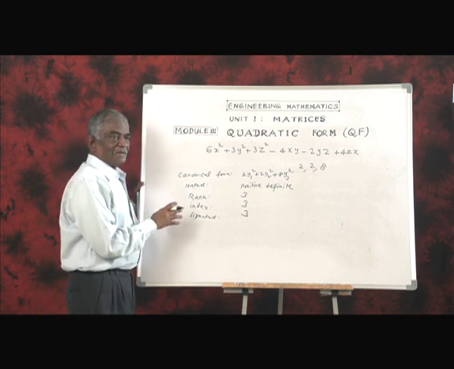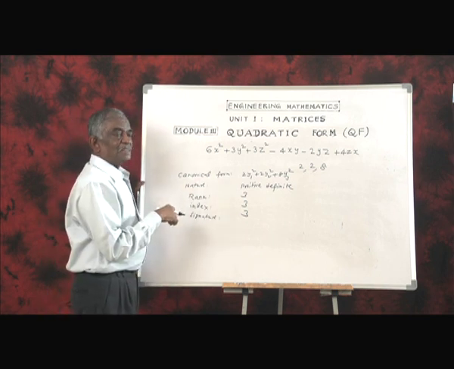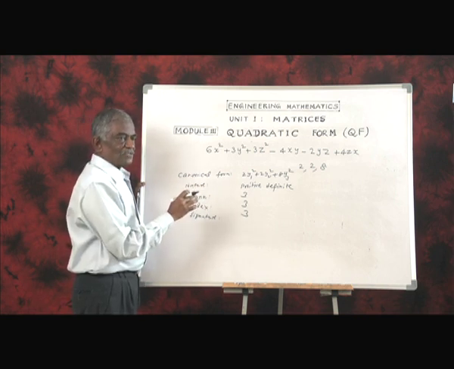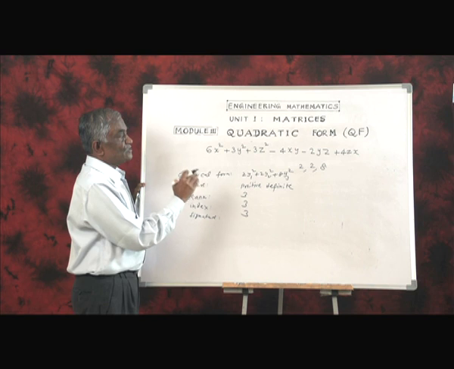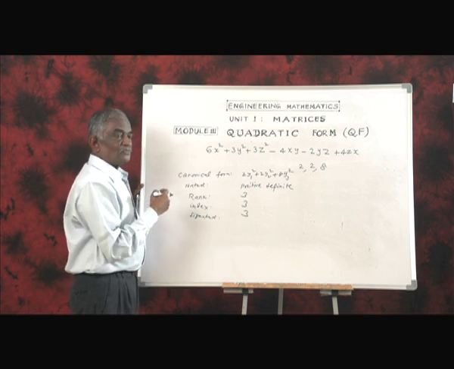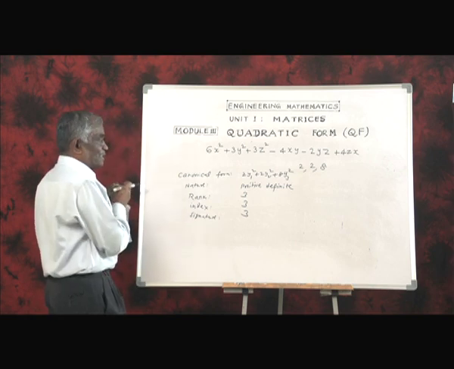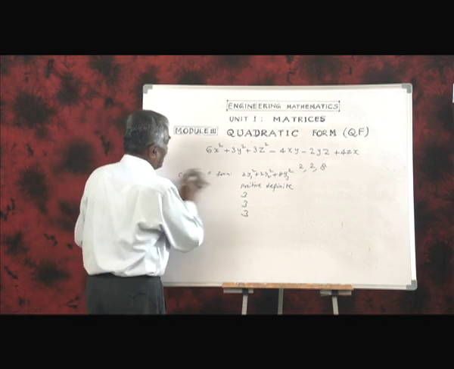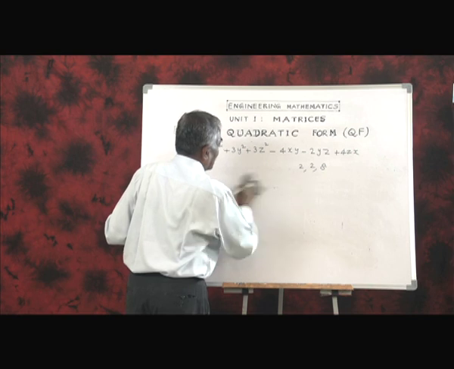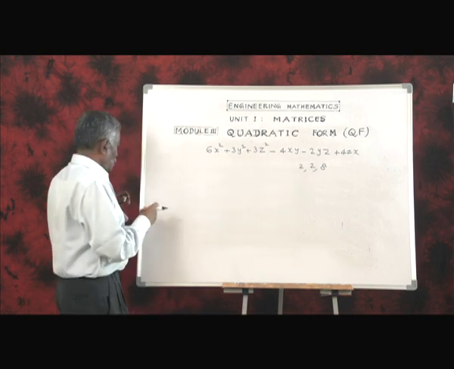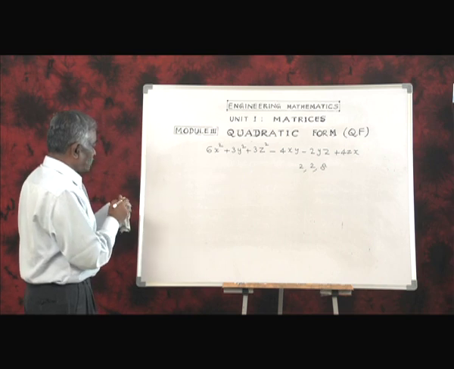Now what is remaining? We had to find the transformation. That takes some extra time, and that is the main thing to learn in this problem: how to find the transformation matrix. For that we had to find the eigenvectors of this matrix. We put so many questions in the beginning.